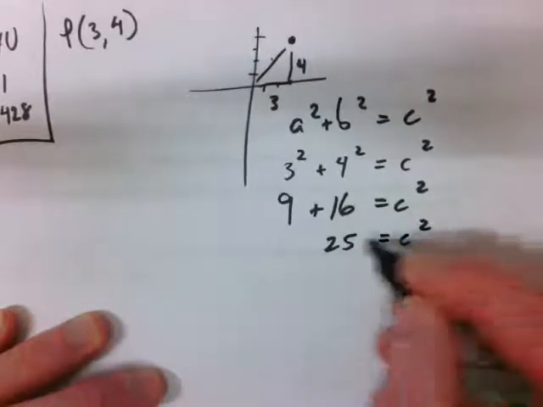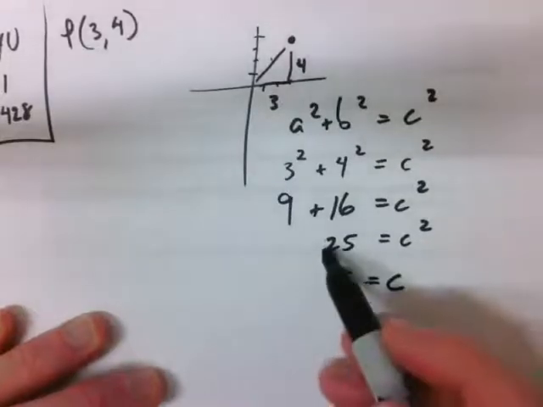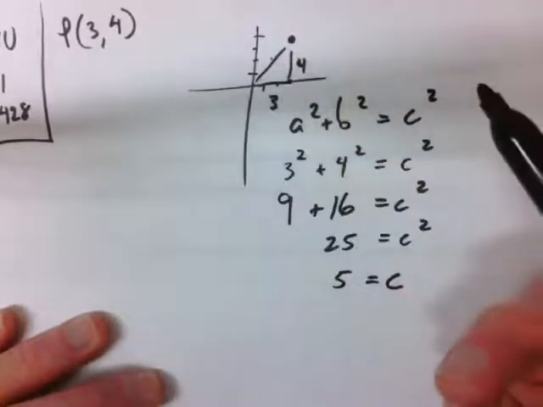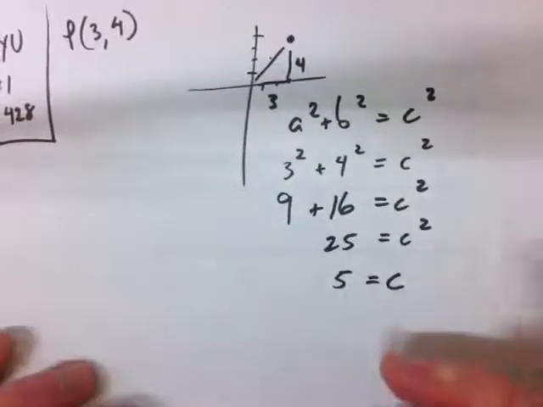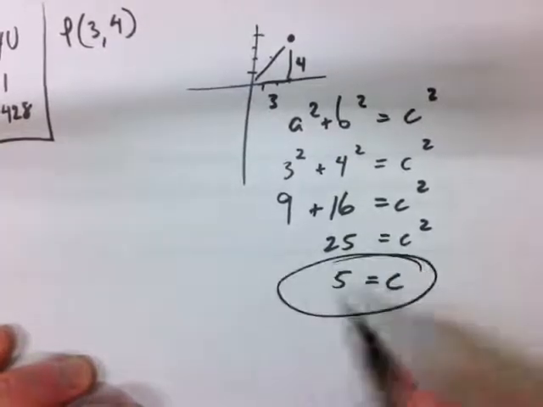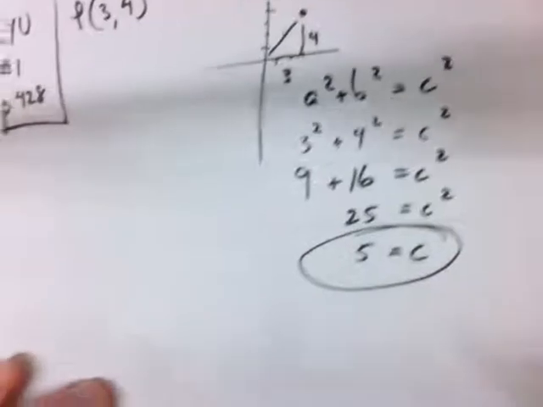That equals C squared. So you take the square root of both sides. 5 equals C. Normally you say plus or minus 5, but this can't be a negative distance. So the distance is 5. There are no units given, so it's just 5. Cool.